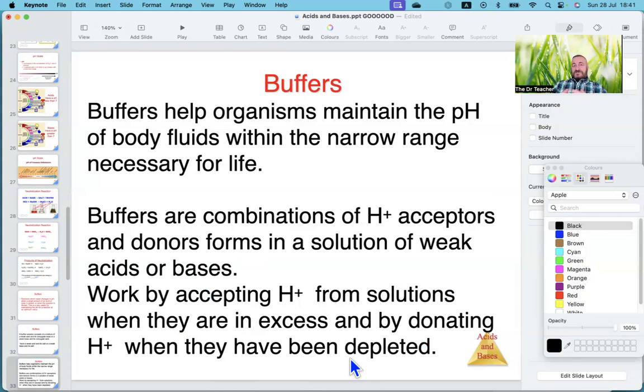Okay, so the buffer solution always has to maintain the pH.